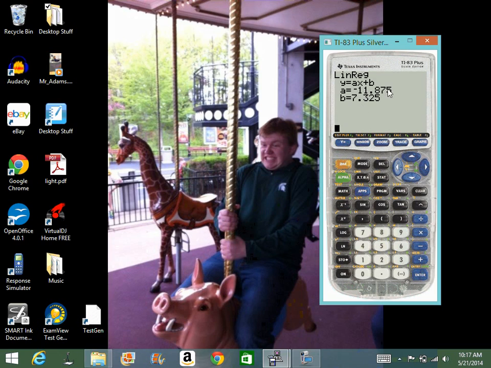If this is the derivative, if this is the slope, how can I find the distance traveled? Use that number. So what I would do is I could graph negative 11.875.